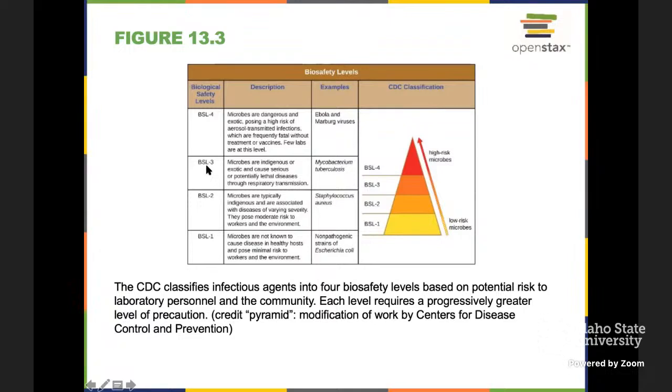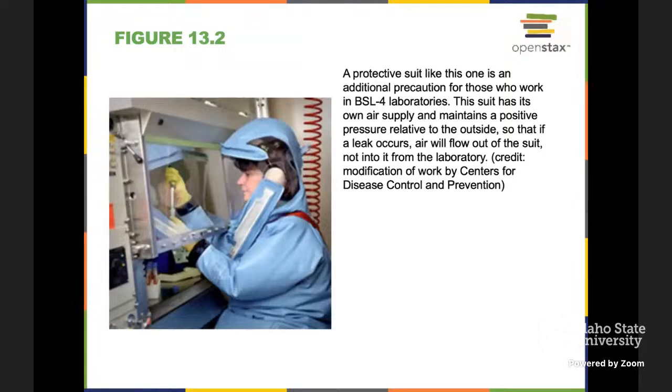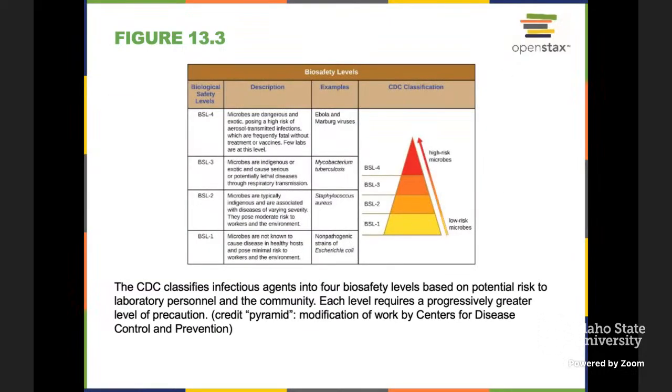These BSL level 3 labs don't require the same spacesuit like we see here, but they definitely have other circumstances like the fume hood, as most likely everything being worked with in there. Individuals working in these labs most often are wearing respirators to ensure that aerosol isn't a potential for them. Stuff like tuberculosis is an example with that.